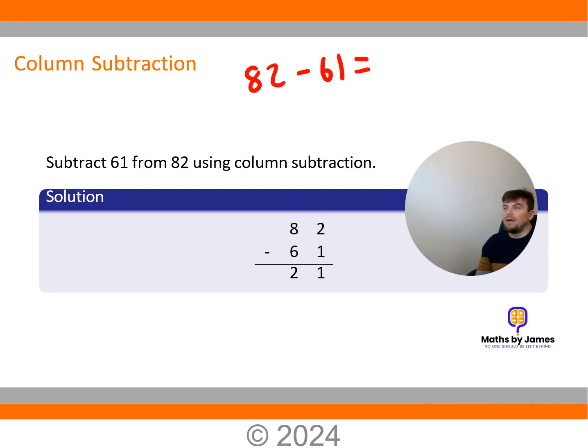Once we've done that, we take away the ones from the ones. So we've got 2 ones, take away 1 one, which is 1. Then we've got 8 tens, take away 6 tens, and that's 2. This gives us 21 in total.